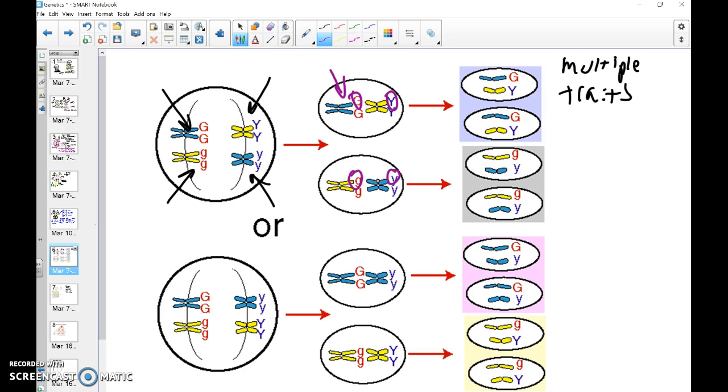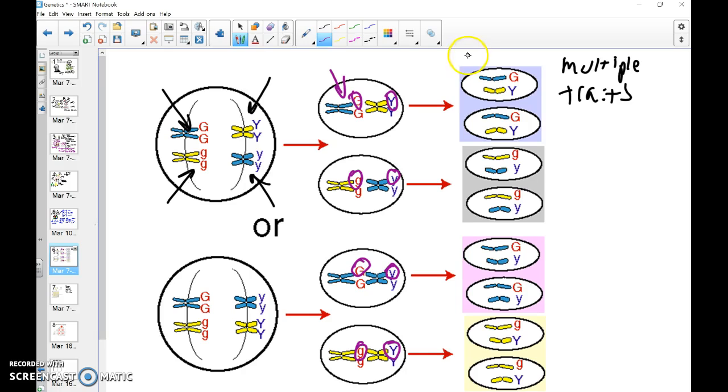But down here, where you have the same cell, big G, little g, big Y, little y, this time big G and little y are together, and this time little g and big Y are together. And so what we've done here is we've created a situation where all possible combinations exist.